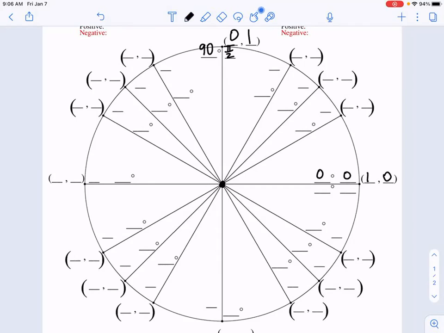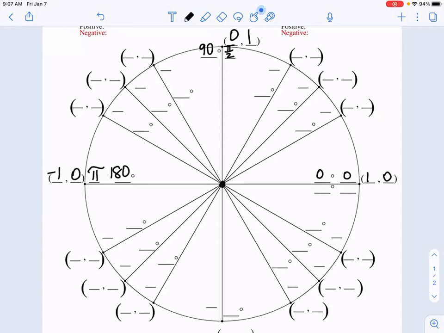If we rotate over here to 180 degrees, okay, 180 degrees is the same as how many radians? 1 pi, okay? If we have a radius of 1 and this is our origin, then when we travel to the left along the radius, this coordinate is negative 1, 0.